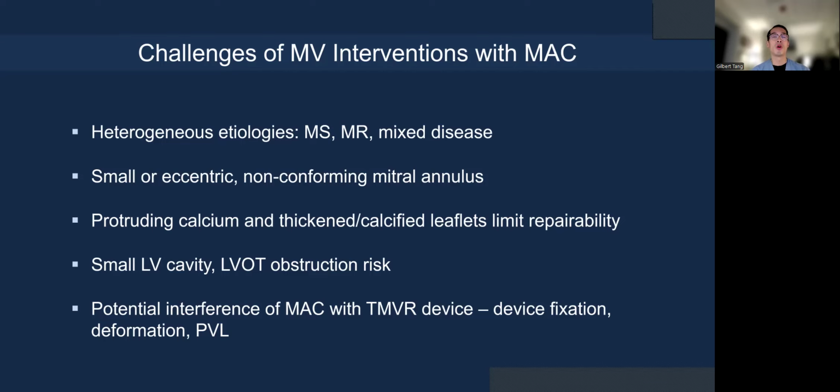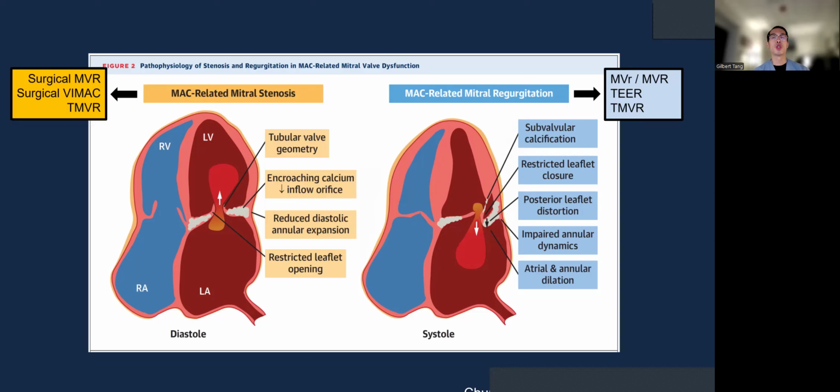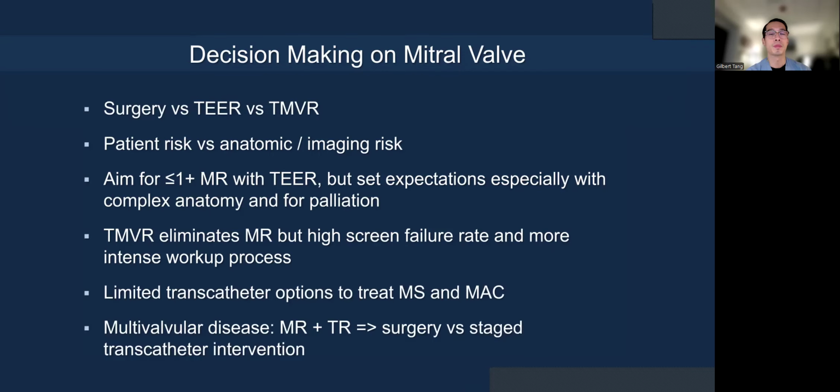And certainly, we don't know what the potential interference would be with a TMVR device in terms of fixation, deformation, and even the risk of migration. So patients with MAC-related MS should likely have the valve replaced. However, if they're mostly driven by MR, you could consider surgically repairing them or even transcatheter repair, in addition to replacement as an option.